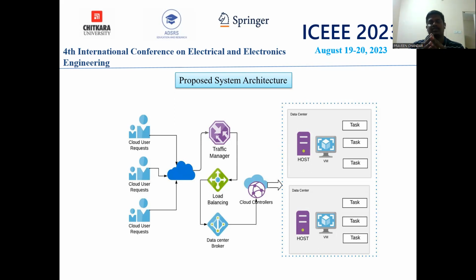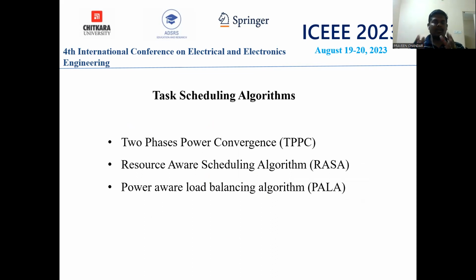In this process, we tried the proposed approach with three different algorithms. What are the algorithms we have taken? The first one is the two-phase power convergence algorithm, called TPPC. Then RASA, the resource aware scheduling algorithm. The third one is the power aware load balancing algorithm. These three algorithms are checked one by one in the CloudSim and Cloud Analyst simulators and the results are tabulated.